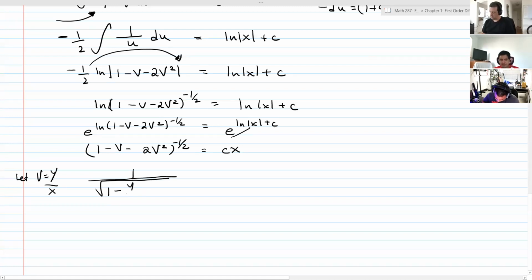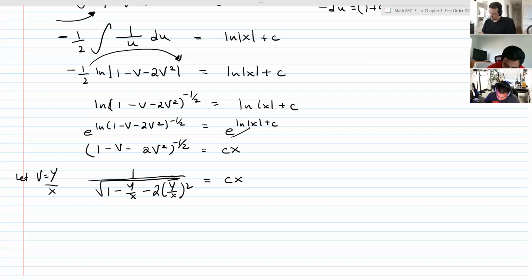So y over x minus 2 times y over x squared, and that's going to equal cx. And I actually know I'm going to need this absolute value here. It's not one that we can take off, so make sure that you keep that absolute value on there. We're going to keep that absolute value.